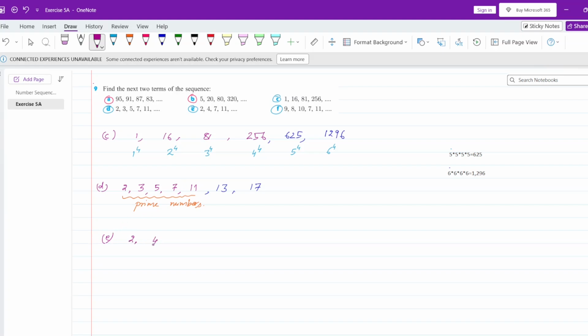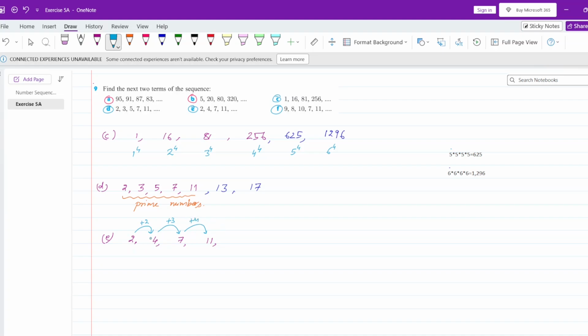E. 2, 4, 7, 11. We know 2 plus 2 is 4, 4 plus 3 is 7, 7 plus 4 is 11.